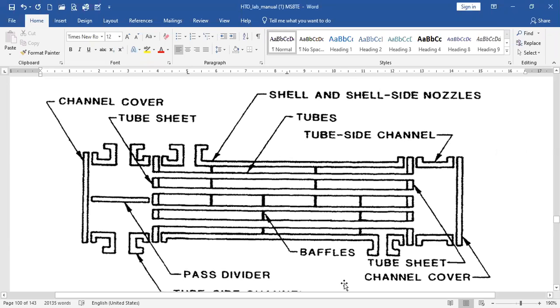So this is the part of the shell and tube, the main part is the shell and the second is the tube. This is the shell side. This part is called the shell.